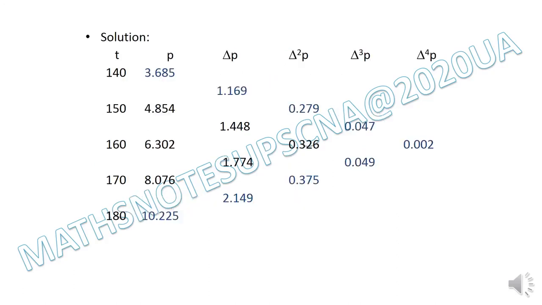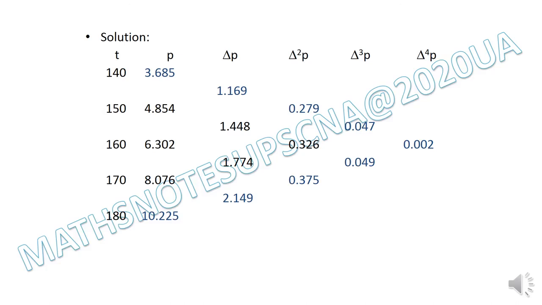Now we take the first column as T and write down values 140, 150, 160, 170, 180. The corresponding values of P are 3.685, then 4.854 and so on. We can think of T as corresponding to x and P as corresponding to f(x), or in other terms, y.